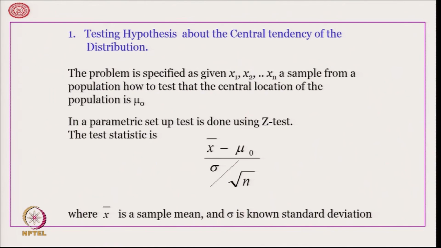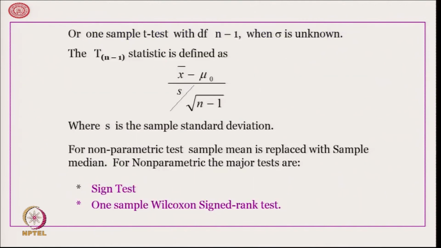In the parametric setup, the test is done using the z test or the normal test, where the test statistic is x bar minus mu naught upon sigma by square root of n, where x bar is the sample mean, sigma is the known standard deviation and n is the sample size.